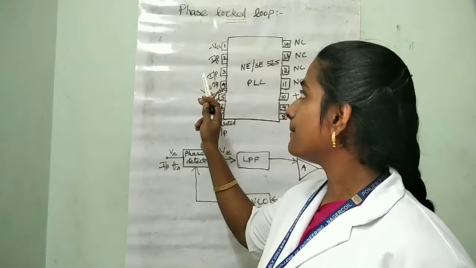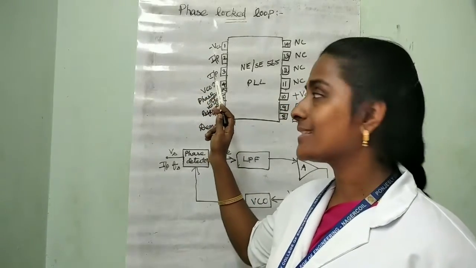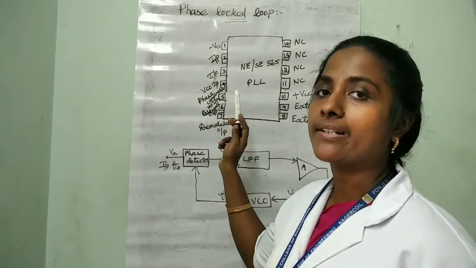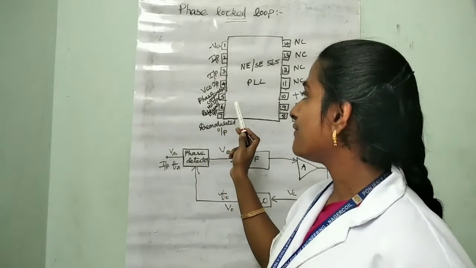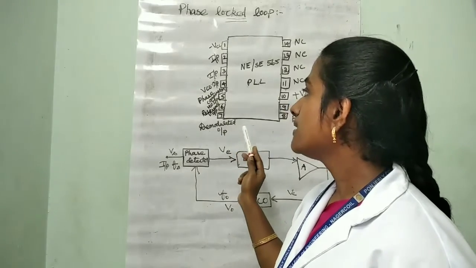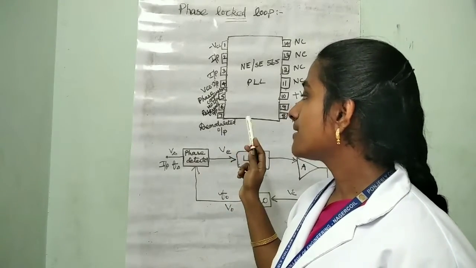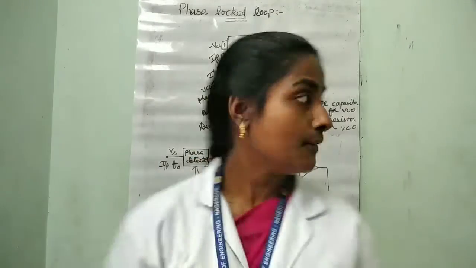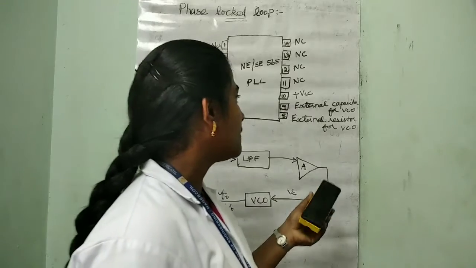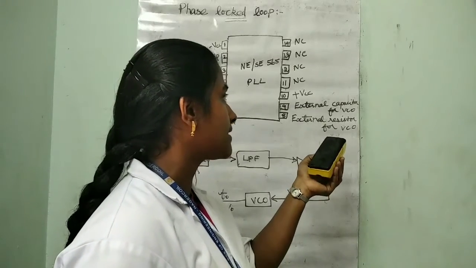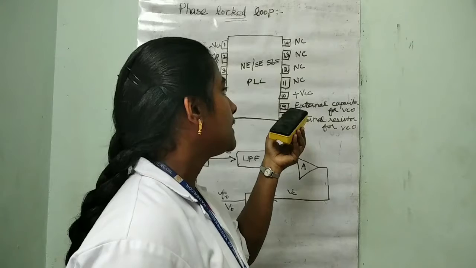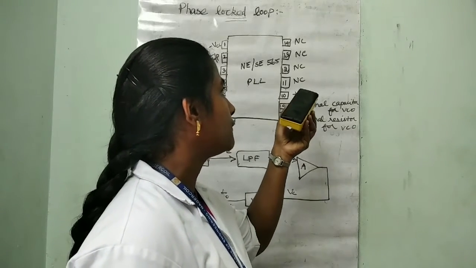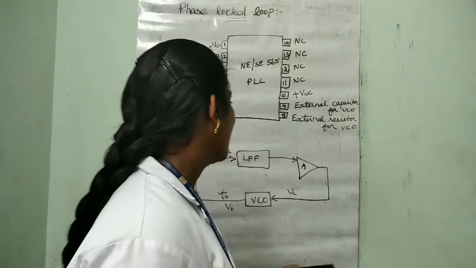The first pin is the power supply, the second and third pins are the input, the fourth pin is the voltage controlled oscillator output, the fifth pin is the phase comparator VCO input, the sixth pin is the reference output, the seventh pin is the demodulated output, the eighth pin is the external resistor for VCO, and the ninth pin is the external capacitor for VCO. The 10th pin is V plus, VCC. Pins 11, 12, 13 and 14 are NC, that is no connection pins.